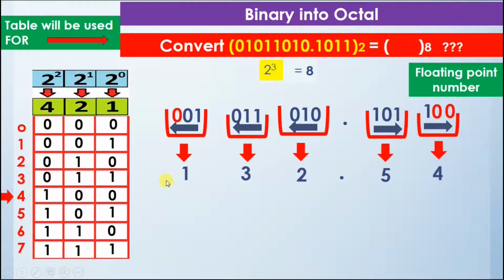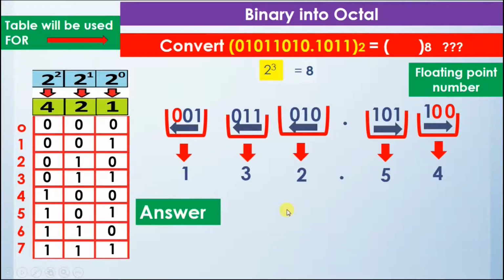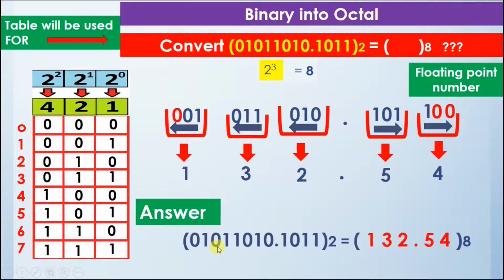So now we have calculated all the values of these groups. So we can write the final answer, 132.54 in octal. So now we can write the answer as 01011010.1011 in binary is equal to 132.54 in octal.